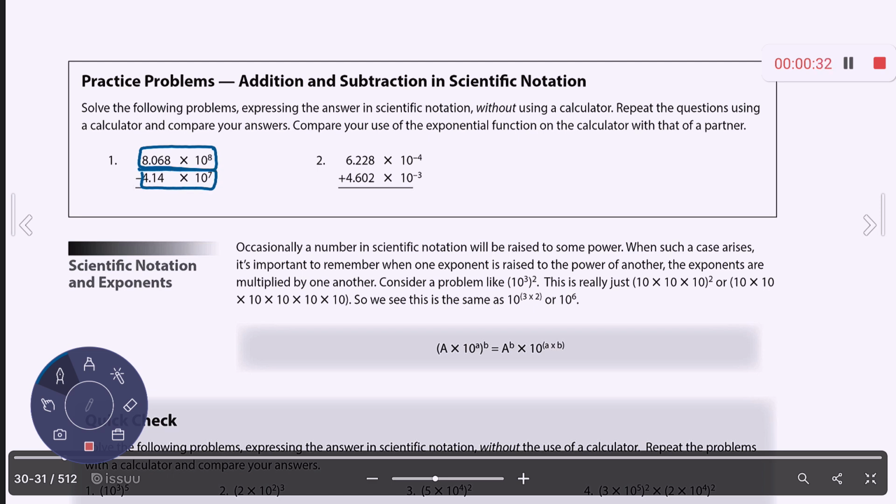So in your calculator, this would be 8.068 second E8 minus 4.14 second E7, enter.